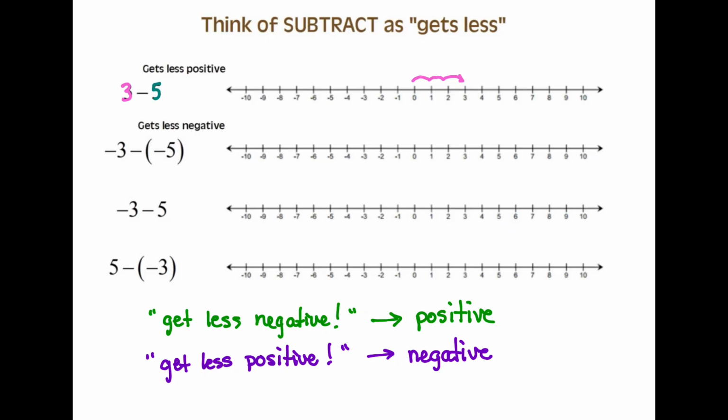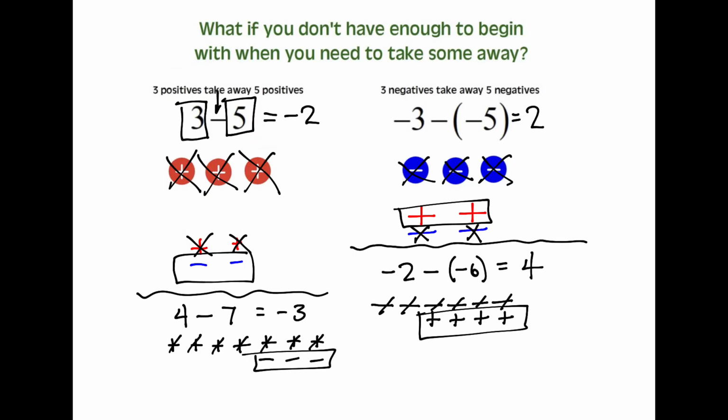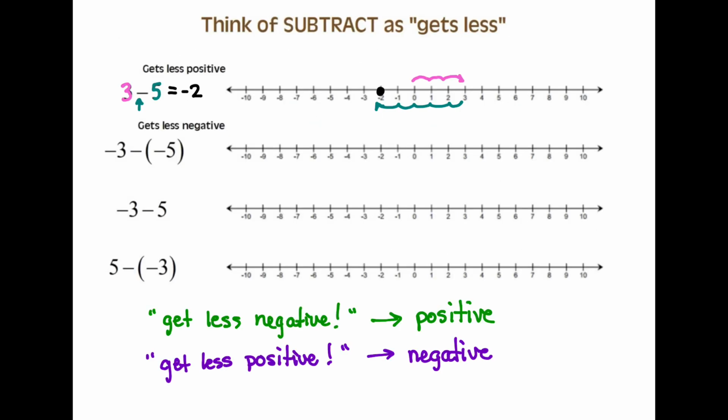Okay, so we want to get less positive. In other words, we're going down. So 1, 2, 3, 4, 5. We end at negative 2. So that's your answer. And we did this problem, 3 minus 5, right there. Okay, 3 minus 5 was negative 2. And that's what we got again. So we must have done it right.